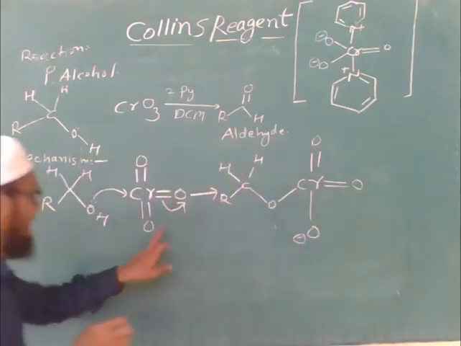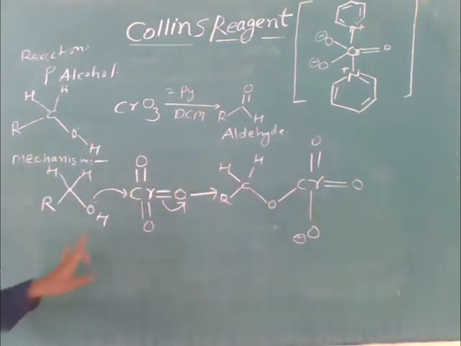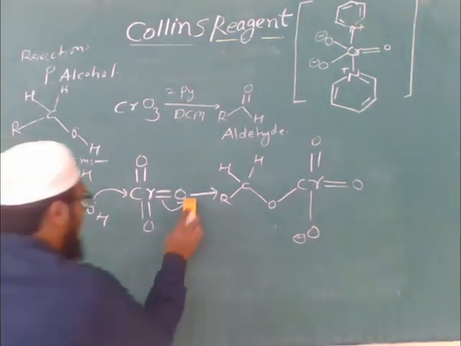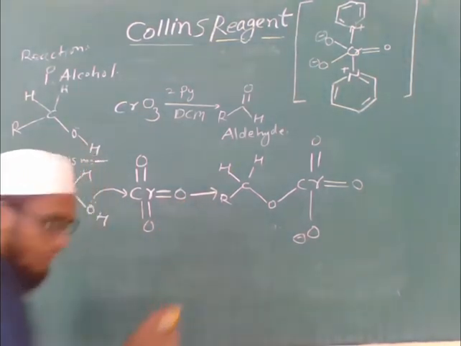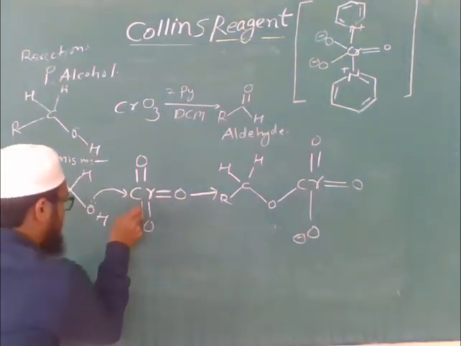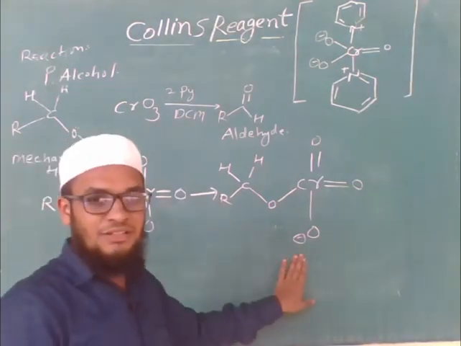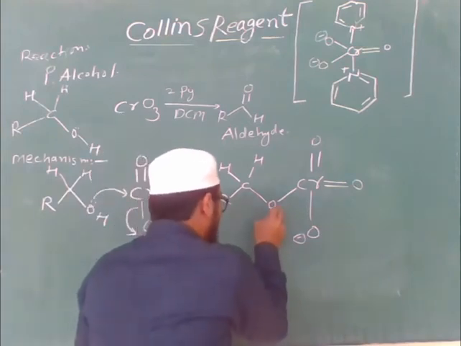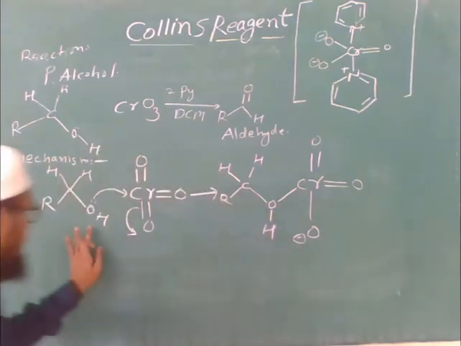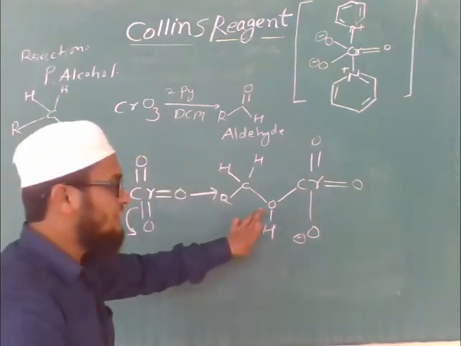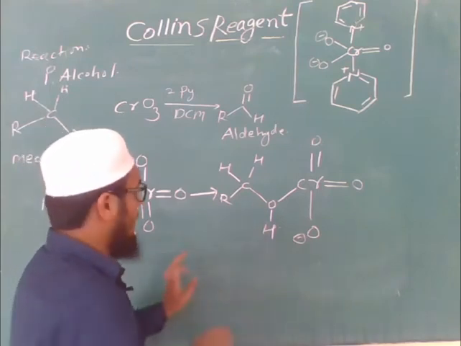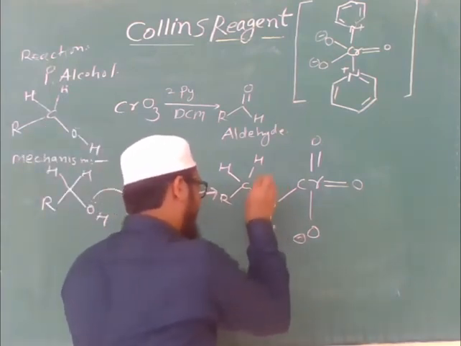This O negative I have written here. So don't be confused, I will break one of these bonds. So I have this negative with us. It has one hydrogen. This oxygen has become trivalent, so it has a positive charge.